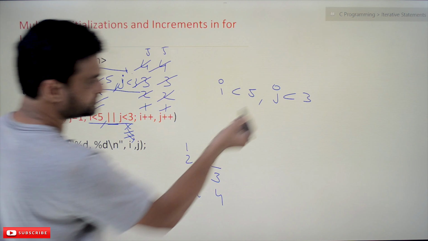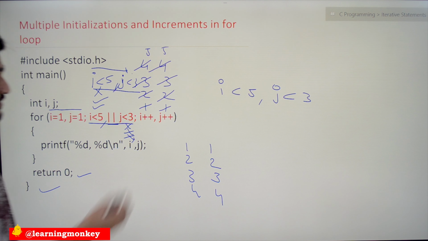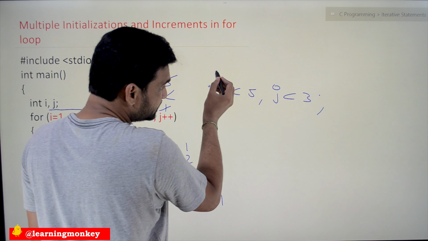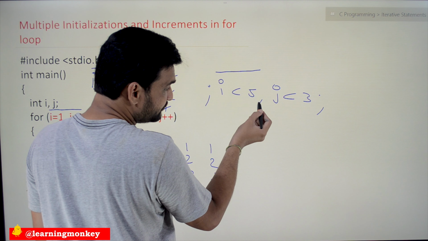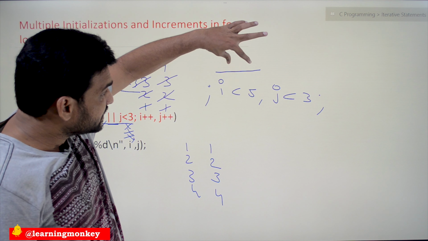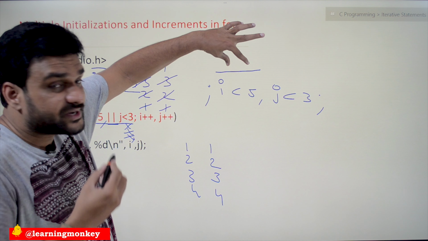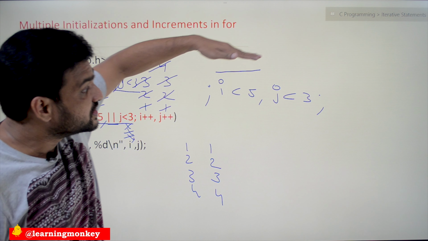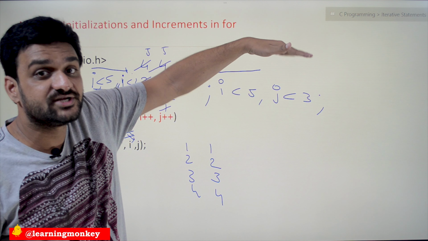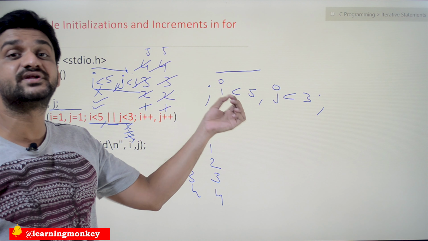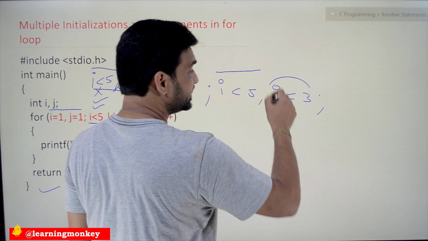Here we are using i less than 5 comma j less than 3. This condition is used with the comma operator. As the comma operator has associativity from left to right, the rightmost condition will only be considered. So this first condition will never matter, only the last condition will get executed.